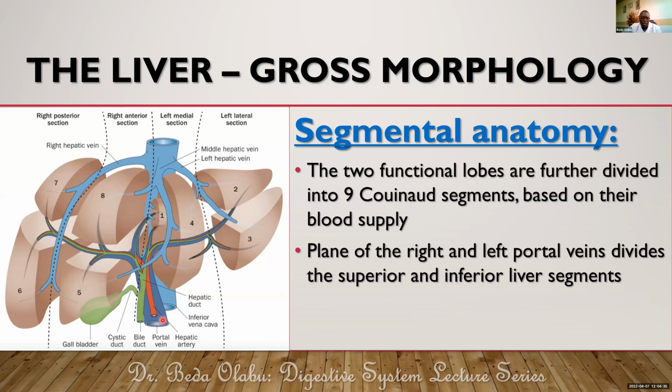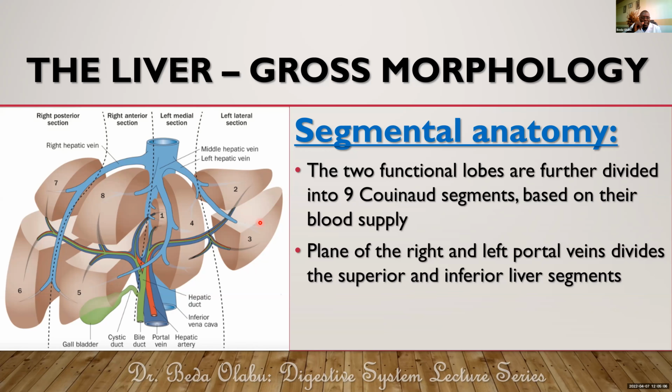We know that the portal vein enters the liver from the intestines through the porta hepatis. When it enters, it divides into 2 major branches, the right and the left branch of the portal vein. The plane of division of the portal vein into those 2 is relatively horizontal, passing through the liver.